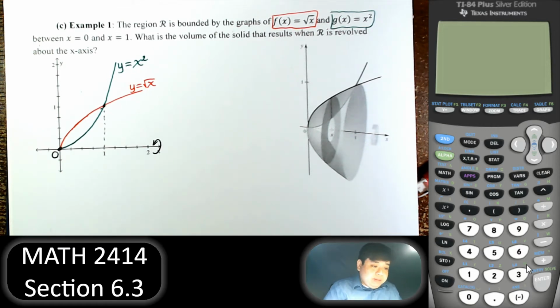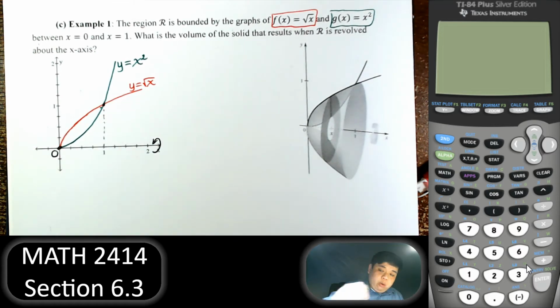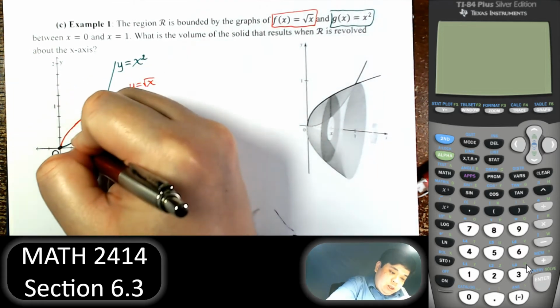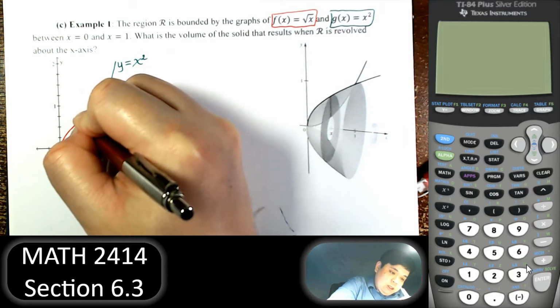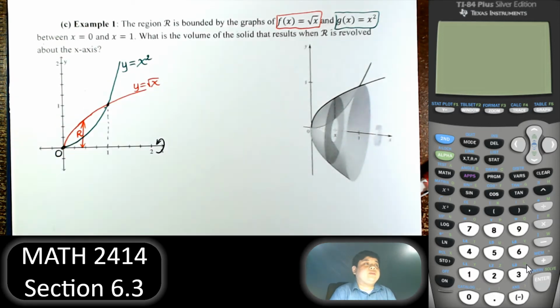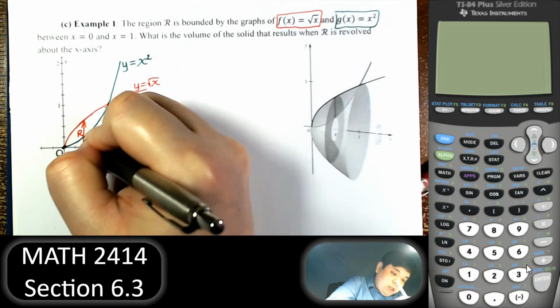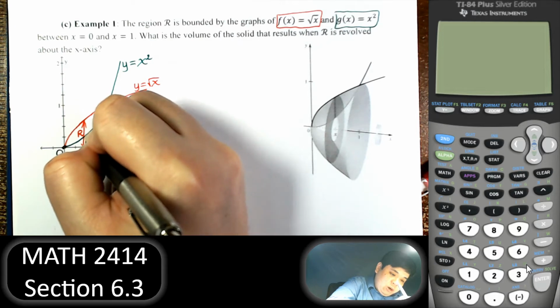So the question is: disk or washer method? To answer that question, is there a hollow region? If we rotate like this, from the axis of rotation to the outer edge, that is the big R. And from the axis of rotation, there is the inner edge as well.